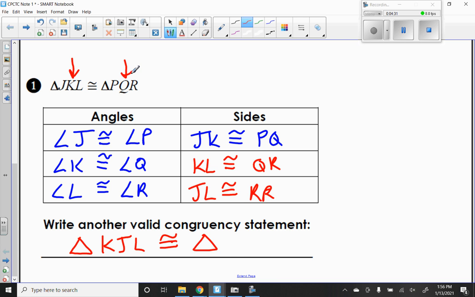There it is, Q. Then I went to J, so I have to go to P, and then I finish at R. So how do you write a congruent statement? On the first triangle, you just pick any order you want, but on the second triangle, you have to follow that same pattern. It's a path.